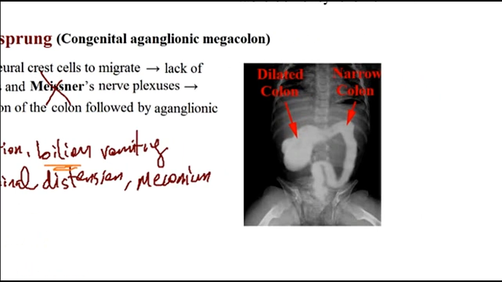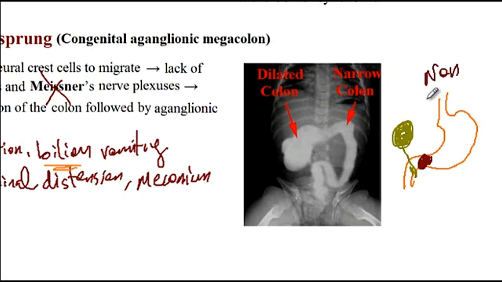So just to quickly summarize the difference between non-bilious and bilious vomiting. You know how the stomach will join the duodenum, and then the gallbladder is draining into the duodenum. So any condition that causes obstruction before the duodenum, like for instance pyloric stenosis, will cause non-bilious vomiting, because the vomitus cannot mix with the bile from the gallbladder.